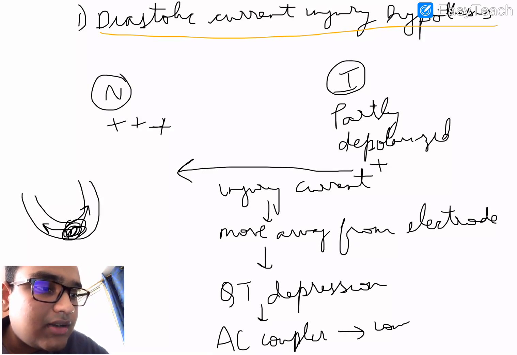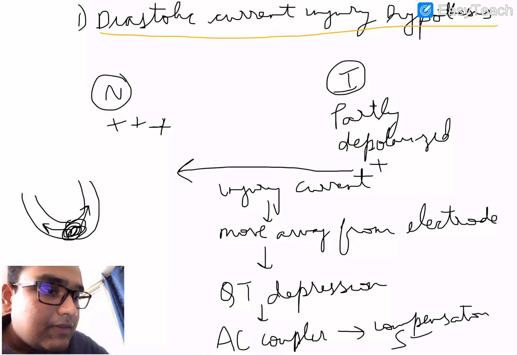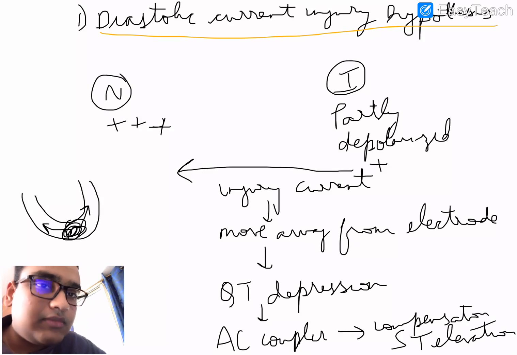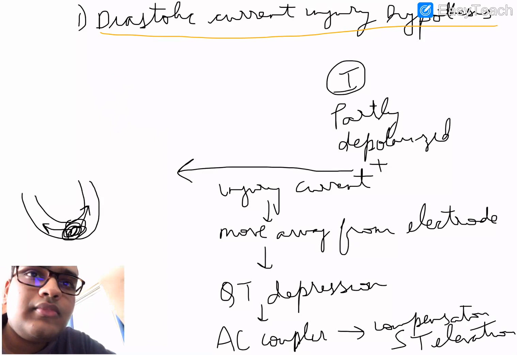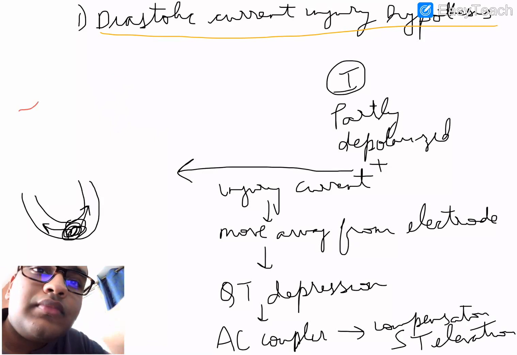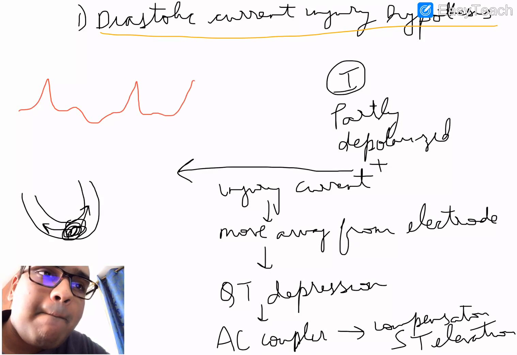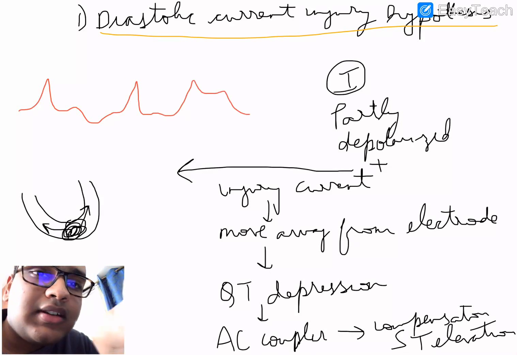a compensatory ST elevation. So what happens here is, this is a QT depression here.